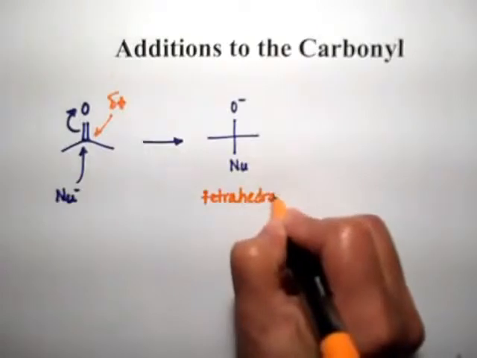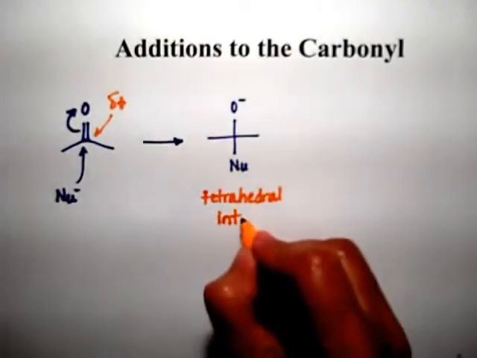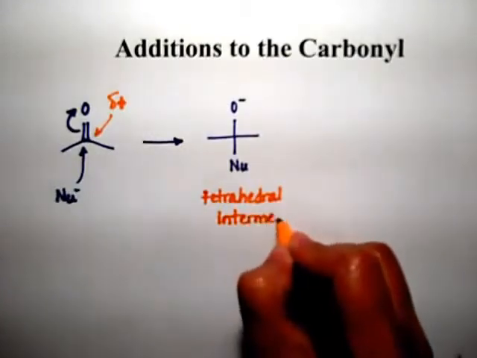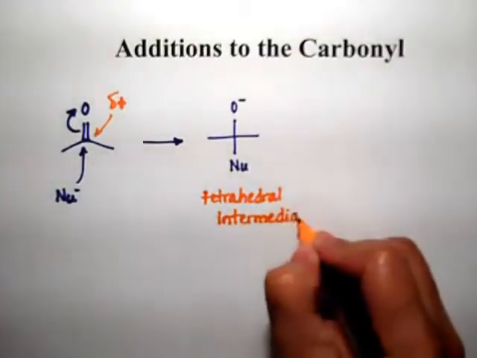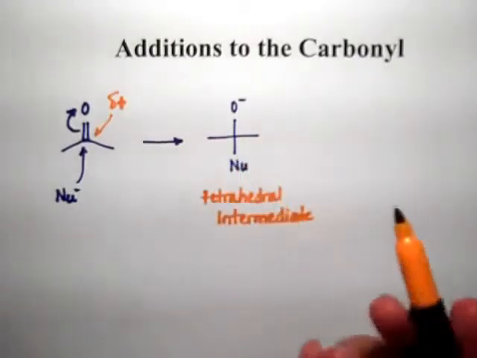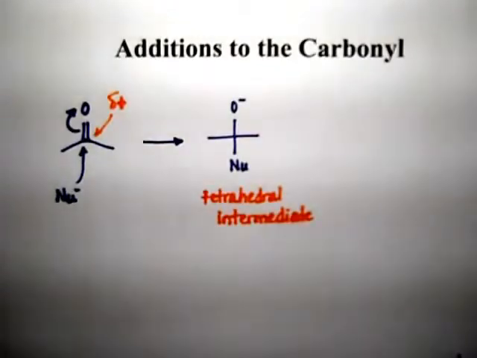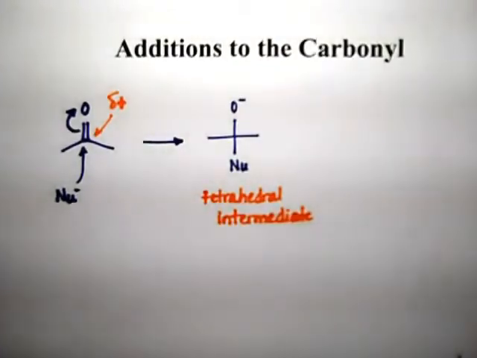And when you get a tetrahedral intermediate, you check to see if you have good leaving groups. And this one doesn't happen to have any good leaving groups. Carbons, these two CH3s right here, are going to be bad leaving groups. And the nucleophile that we just added, we're going to assume that it's also a bad leaving group.